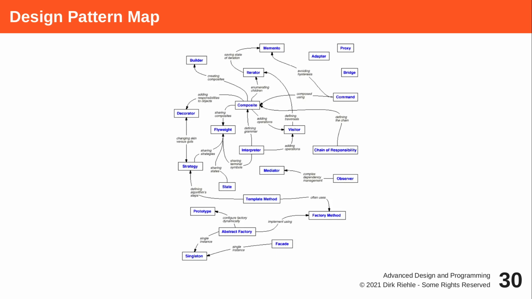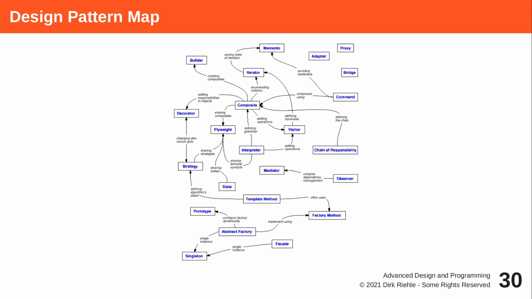The design patterns book in the inside cover has this diagram. These are the 23 patterns in boxes, and then there are links between these boxes, where the links are somewhat ad hoc relationship descriptions. So the composite pattern, which you can see is quite central, has relationships with many other patterns.